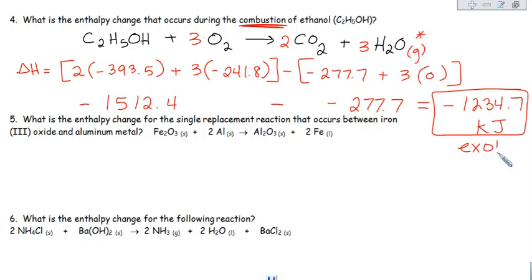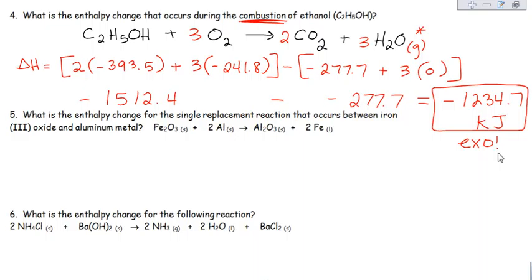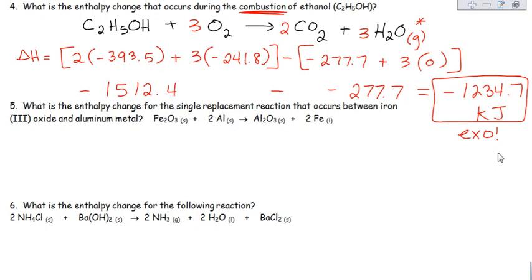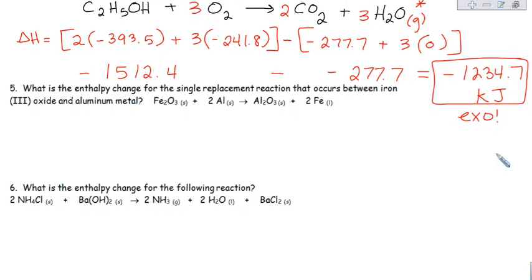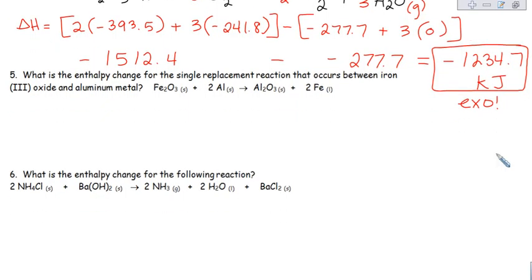Now, other reactions, like maybe 5 and 6, single replacement, you never know. But the combustion will always be exothermic. The decomposition is always endothermic. And then the synthesis will always be exothermic. 5 and 6, yeah, with a replacement, you just kind of have to plug them in. We are going to do 5 and 6 in class. They're awesome little reactions.